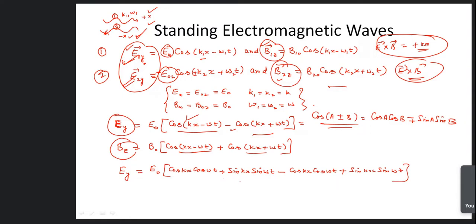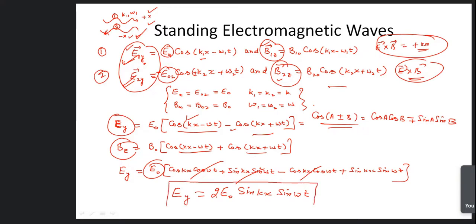So this gets cancelled with this, and I'm left with 2 E naught sin kx sin omega t. What is this representing? This is representing the E field associated with the standing electromagnetic wave. This is the E field component of the standing electromagnetic wave.